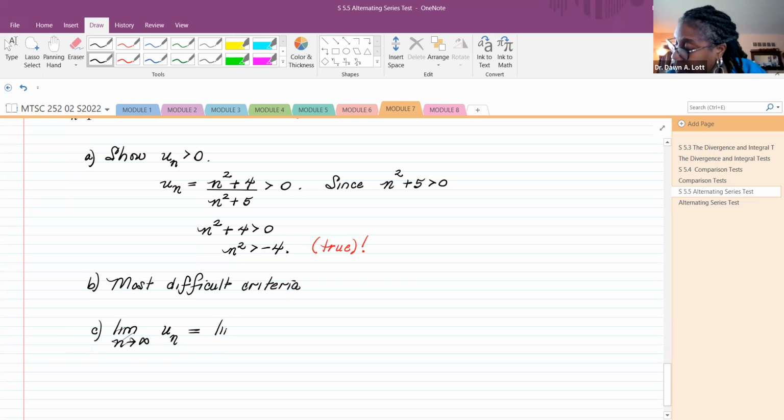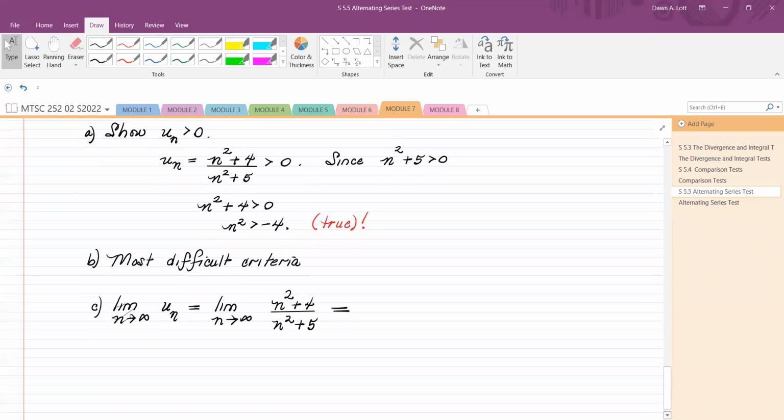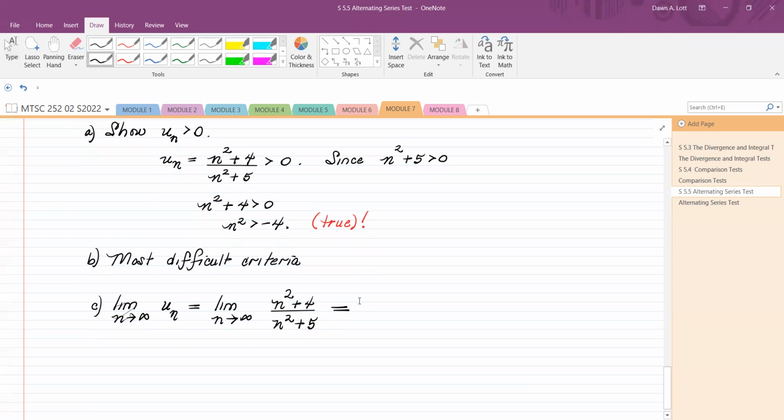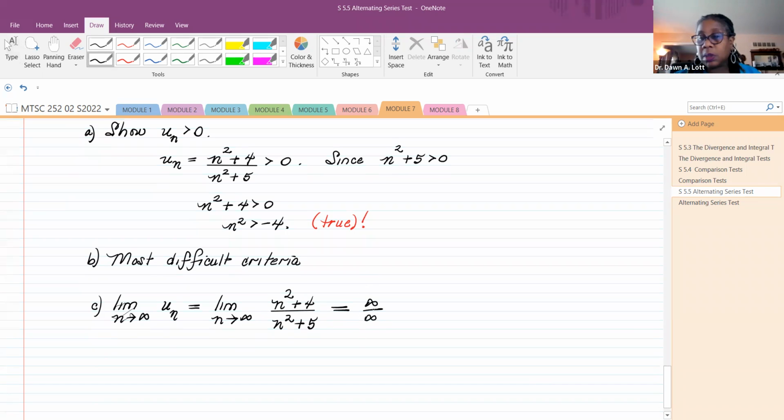That is the limit as n approaches infinity of n squared plus 4 divided by n squared plus 5. So what is that limit? Infinity over infinity. Okay, that is infinity over infinity.